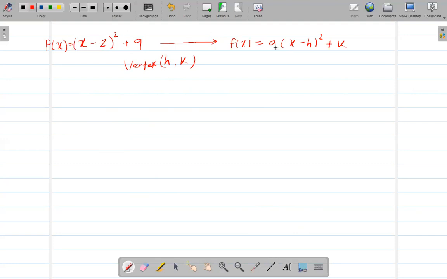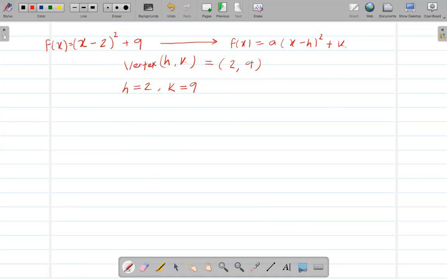Here, a is 1, x is x, and there is a minus, so the value of h is 2. And there is a plus, so the value of k is 9. So the vertex is 2, 9.